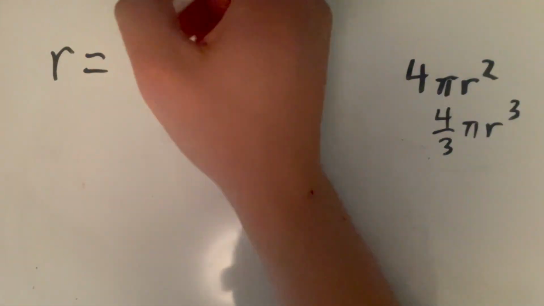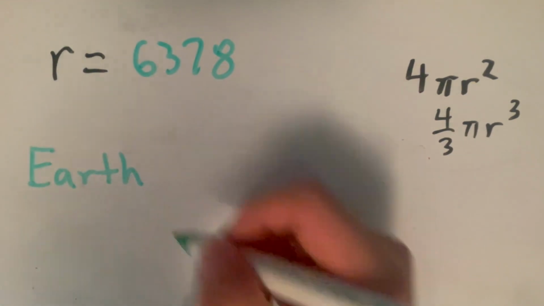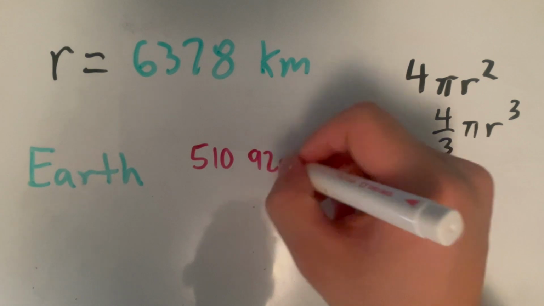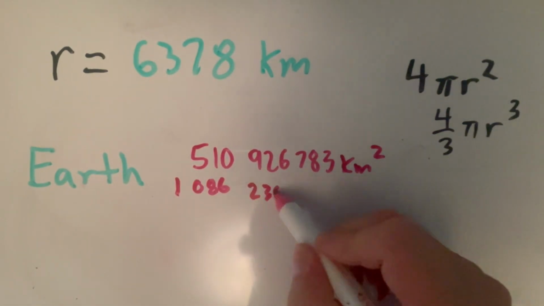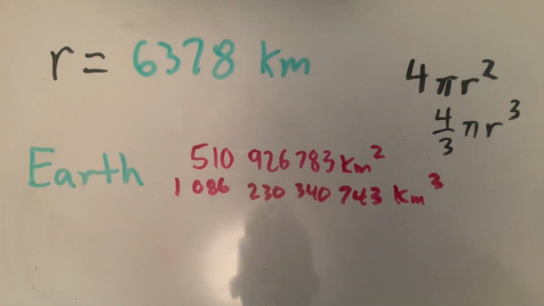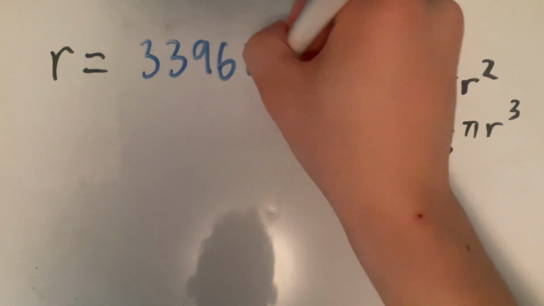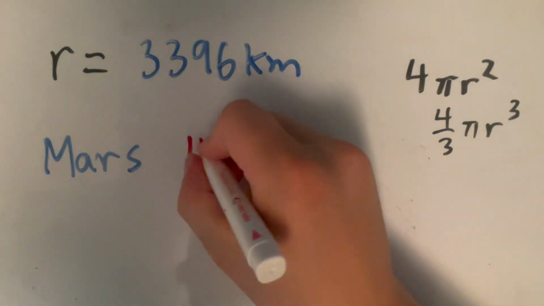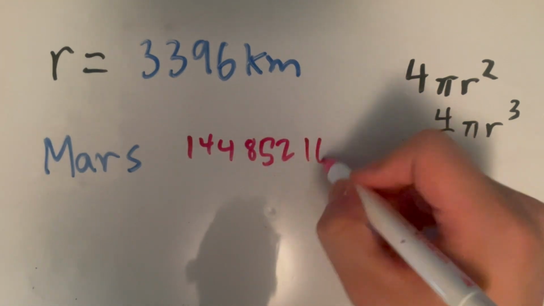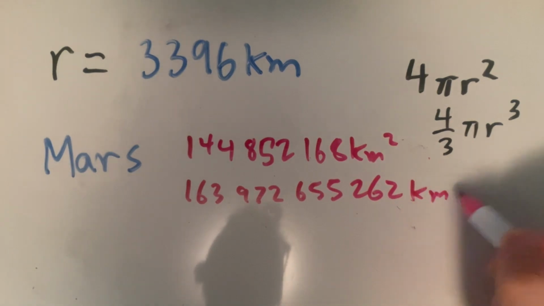For Earth, with a radius of 6,378 kilometers, this results in 510 million kilometers squared and 1 trillion kilometers cubed, approximately. For Mars, with a value of 3,396 kilometers for its radius, this results in 144 million kilometers squared and about 163 billion kilometers cubed.